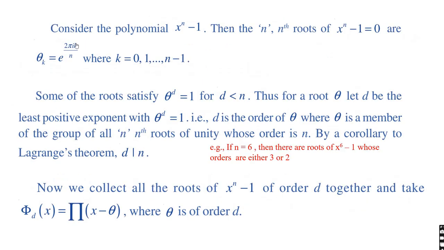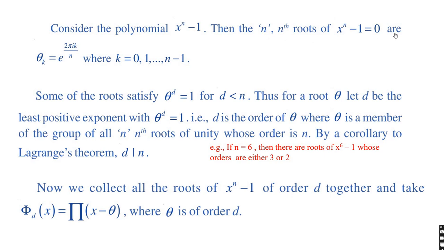Now we are going to group the terms in the product in such a way that those thetas whose order is d, where d is less than n. So for that this argument is given. Consider the polynomial x power n minus 1.